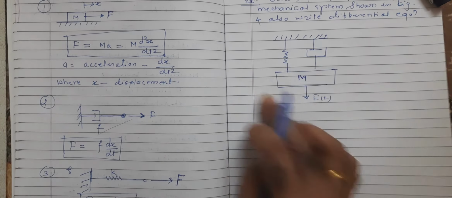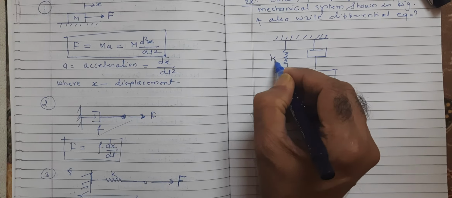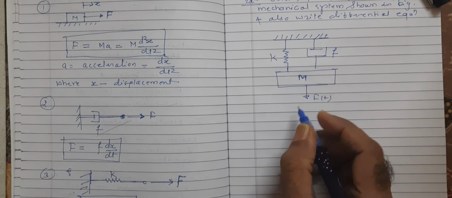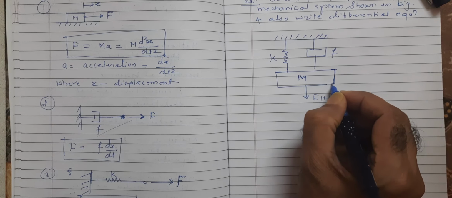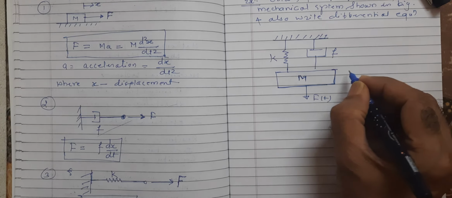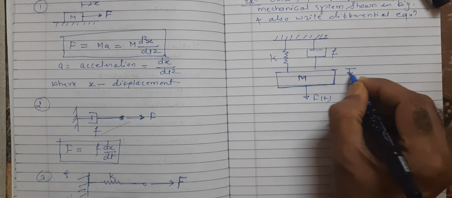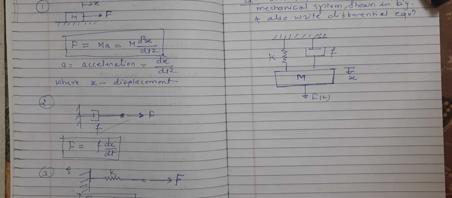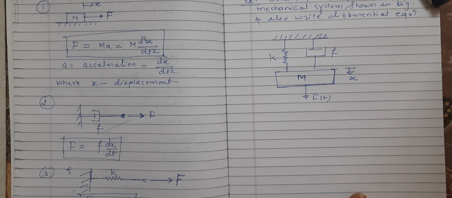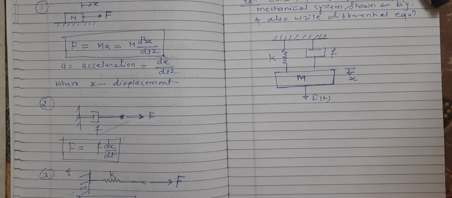This is a simple mechanical system. Here is the spring K, here is the friction F, and this is the mass M, and to this mass M the displacement is associated, that is X. The displacement of the mass is X.